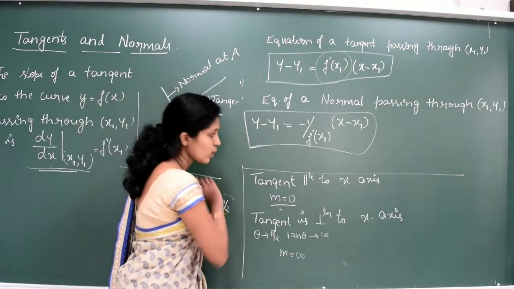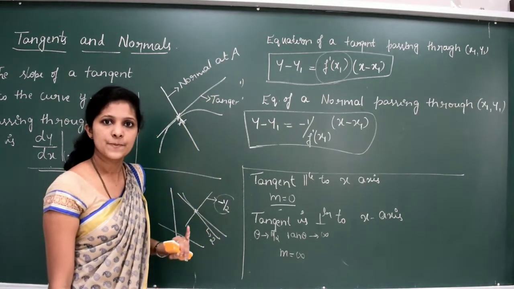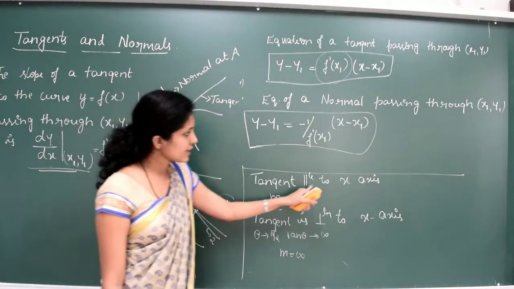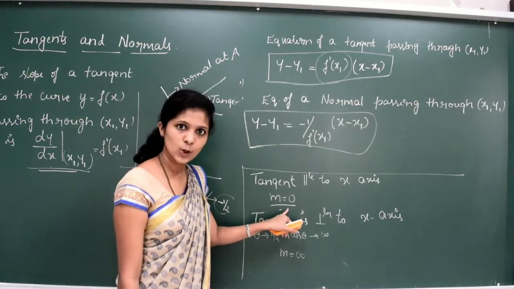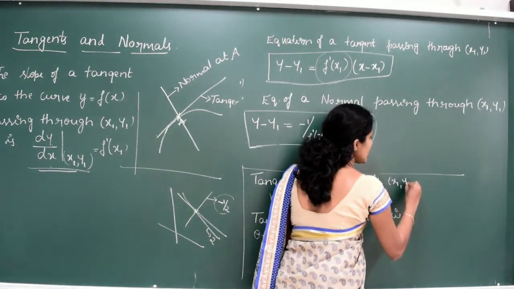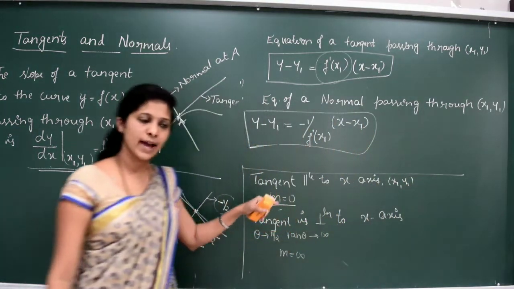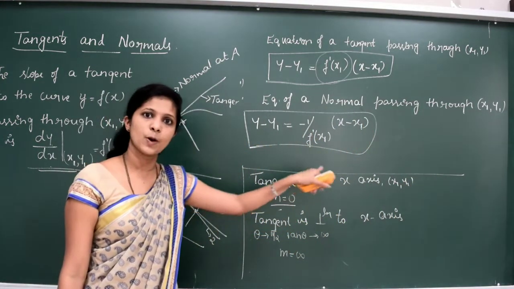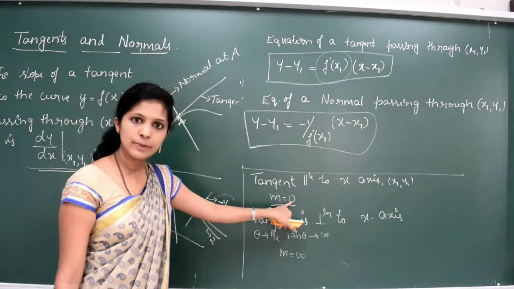Now, can you say what is the equation of this tangent? Tangent parallel to x-axis, then the slope will be 0, and we'll consider it is passing through the point x1, y1. Slope will be 0.